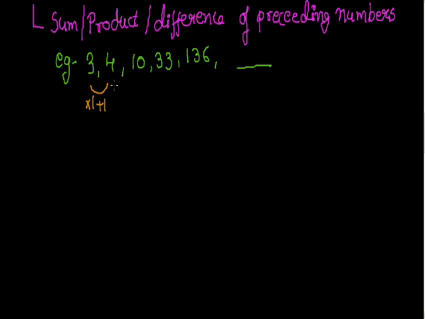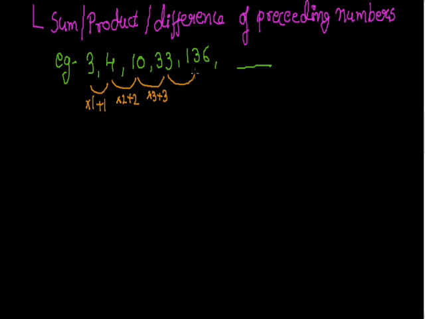Then this 4 and 10, when we multiply this 4 with 2 and add 2, that is 4 into 2, it is 8 plus 2, 10. Then next, when we multiply 10 with 3 and add 3 to it, we will get 33.